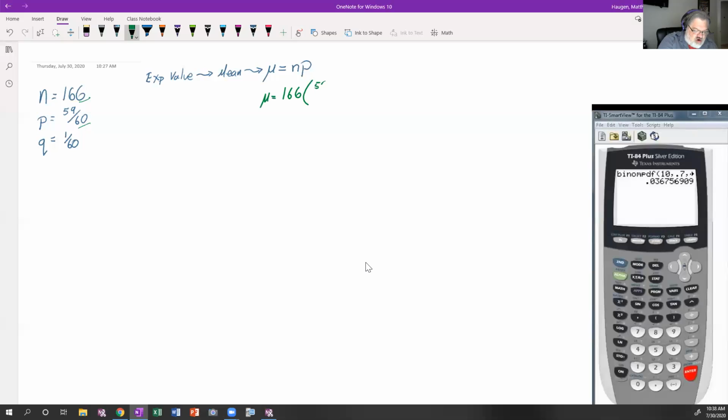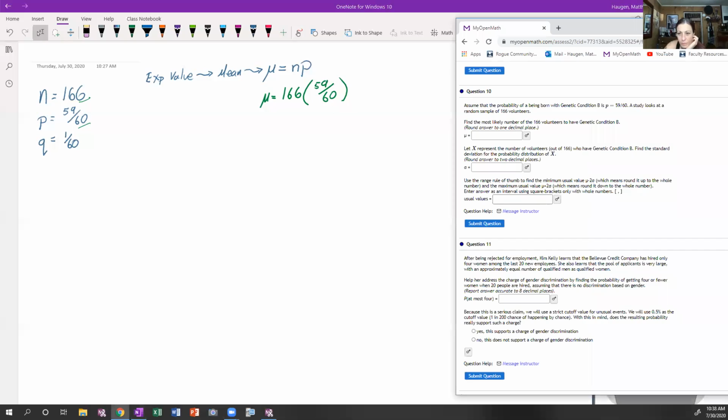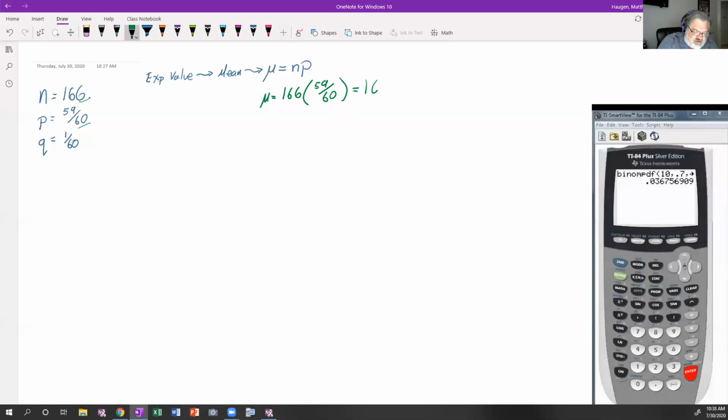I always say the hardest thing about expected value or mean of a probability distribution is being comfortable with the fact that it's just NP. There's a tendency to want to do a lot more with it, and being careful of that is usually the big issue. So what do we get when we take 166 times 59 60ths? 163.23. 163.23.